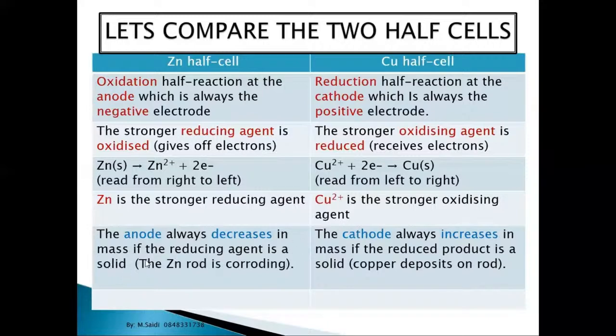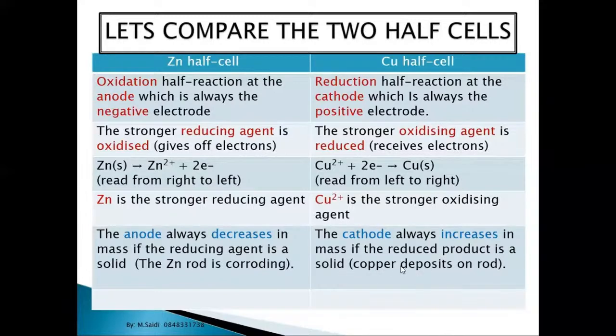Then we are saying that the anode always decreases in mass if the reducing agent is solid. I've tried to explain that if you look at zinc, because zinc is dissolving into the solution, then the mass must be reducing as long as this electrode is a solid. So it keeps on reducing in size. It is corroded, it starts to disappear. All right, and then they're saying the cathode always increases in mass if the reduced product is a solid.